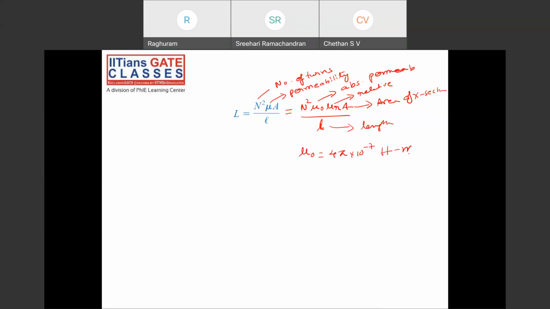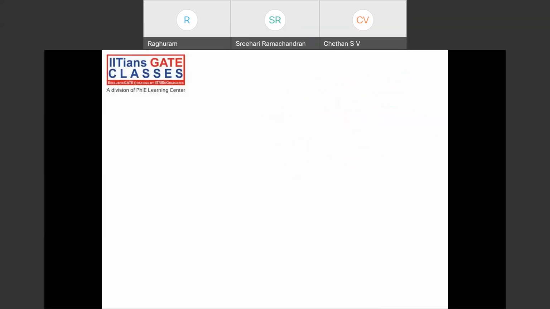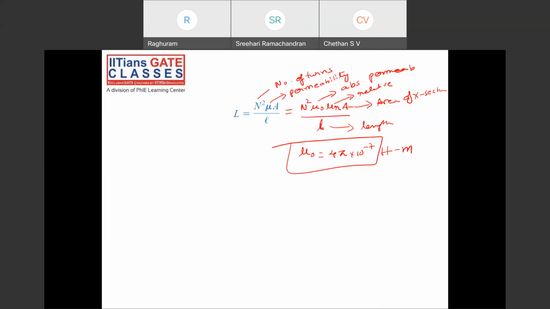Mu naught is absolute permeability, and mu r is relative permeability. Yes, the unit is Henry per meter. So L is n square mu a by l, with mu naught equal to 4 pi into 10 power minus 7.